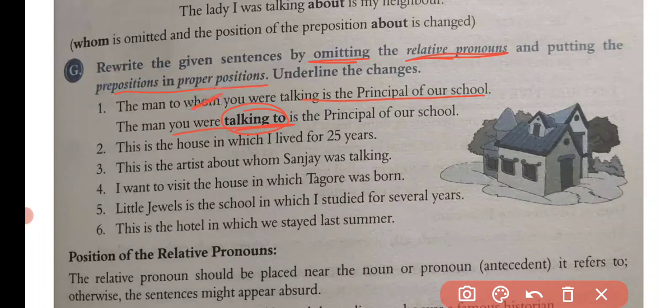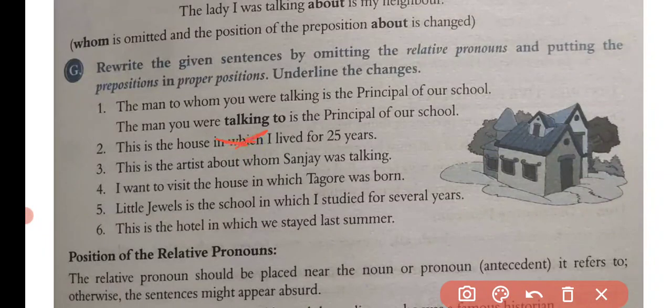This is the house in which I lived for 25 years. So here we have to see where the relative pronoun is. The relative pronoun here in the sentence is which. So you will remove in and which from here.